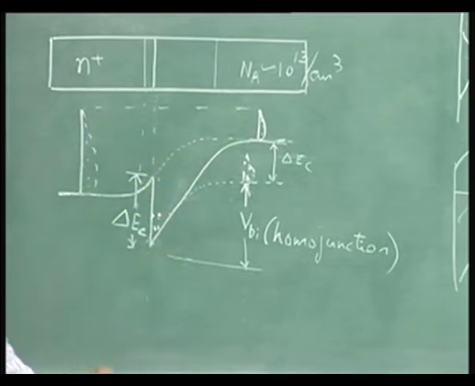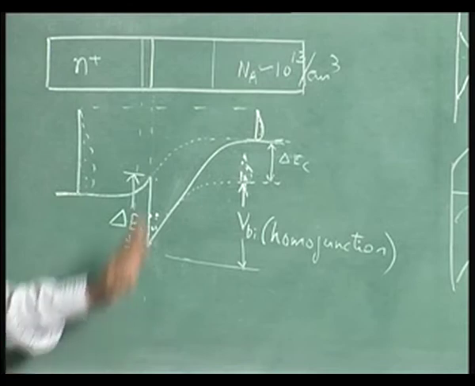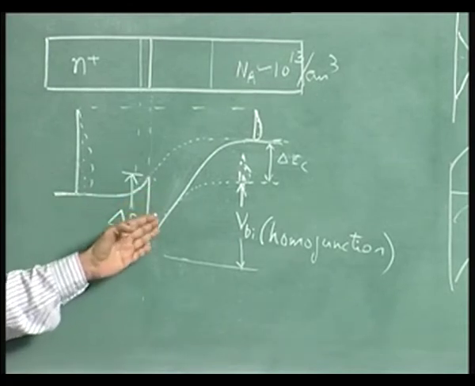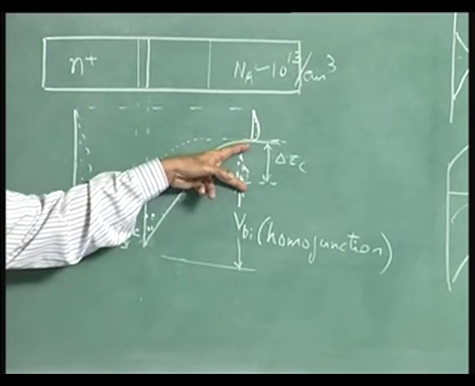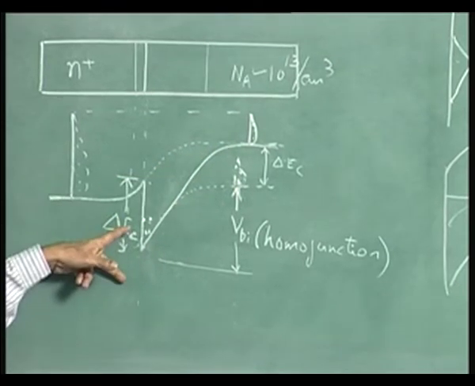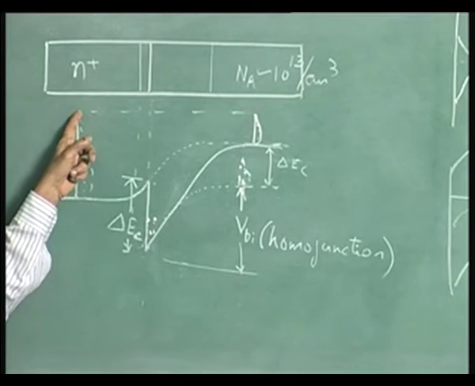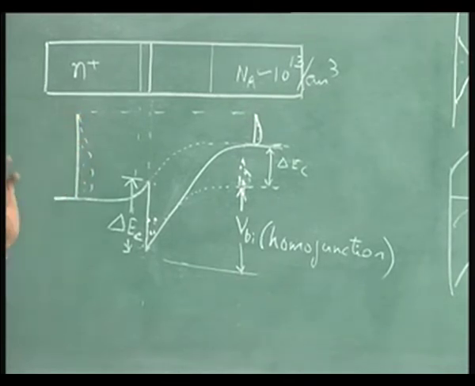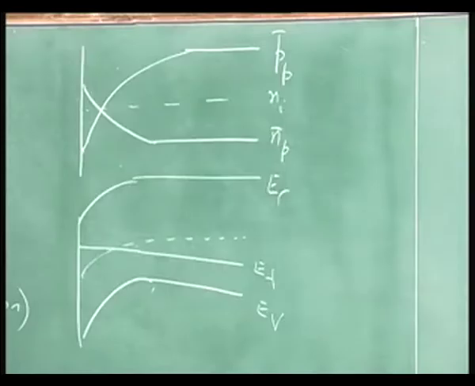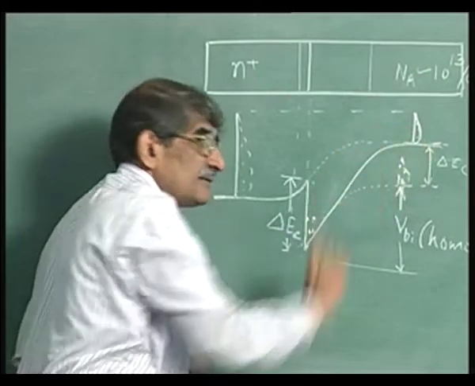The more the bending, the more the electron concentration. So, in the case of heterojunction, there will be enough electron concentration here because of extra band bending corresponding to this, and the extra band bending is necessary to bring in the thermal equilibrium situation. This is very important to understand: that there is an additional delta E c.